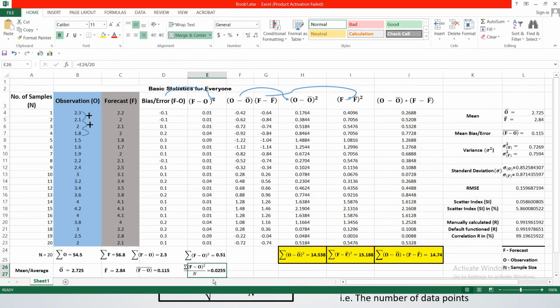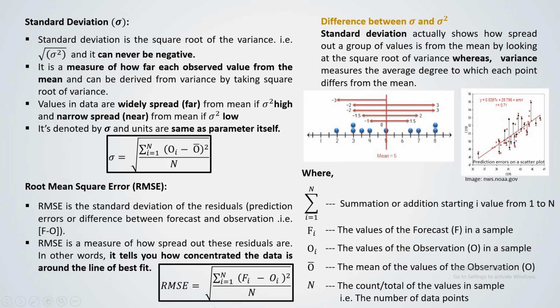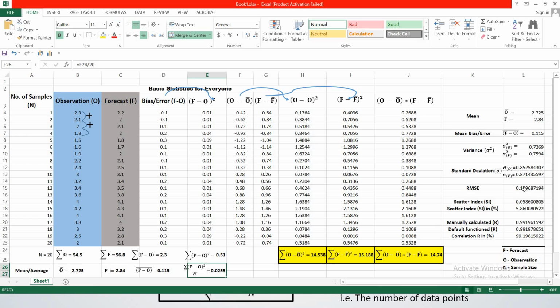If I apply the square root to this term, that is 0.0255, the summation of (f minus o) squared divided by n, I will get the RMSE. This is what I did, SQRT of E26. When I apply SQRT of E26, I substitute this formula, right? That's how I can compute the RMSE.